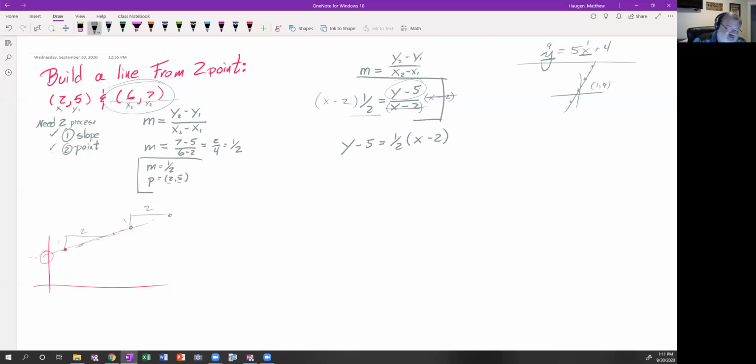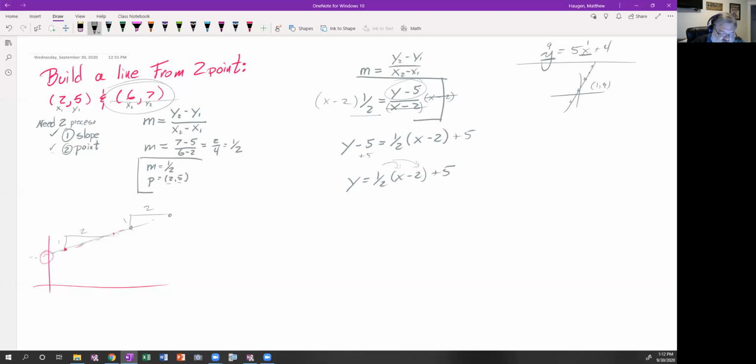And again, that's an equation for our line in a little bit nicer of a form. If we wanted to make it even a little bit nicer than that, we might add the 5 to both sides. So y equals 1/2 x minus 2 plus 5. Again, still an equation for our line. A little bit nicer.